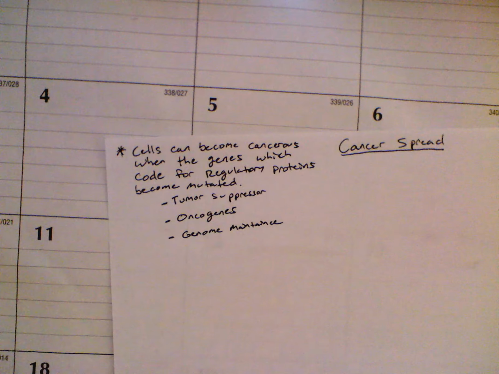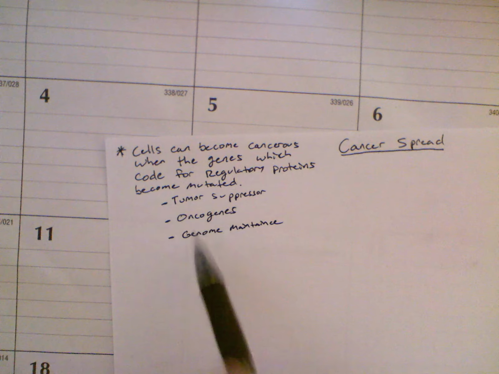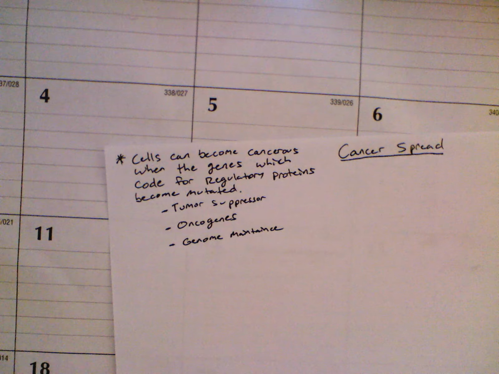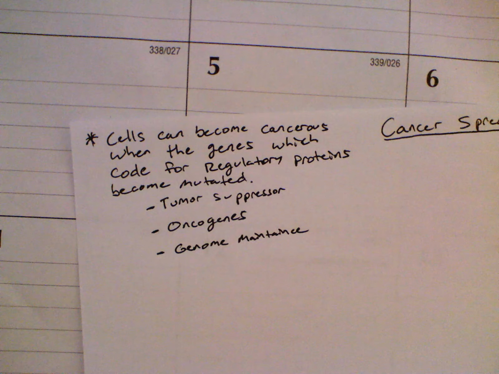So those are those three different types of genes that we see, and whenever we have a combination of these genes being mutated, the cell cycle will skip all these checkpoints, and we can end up with a cell becoming cancerous. So this gets us to like one cancerous cell, essentially.